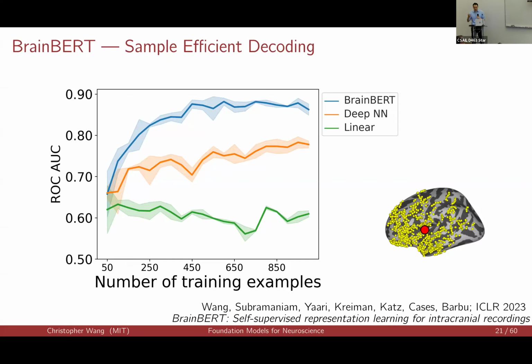And the critical thing about this plot is that not only does BrainBERT get better absolute decoding performance, it gets more data efficient decoding performance. So the x-axis is the number of labeled samples used during fine-tuning time, and for an equivalent amount of labeled examples, BrainBERT is getting better decoding performance.